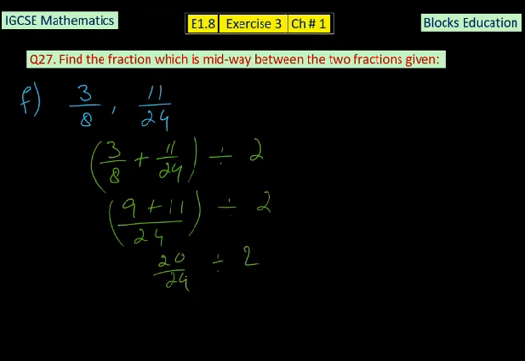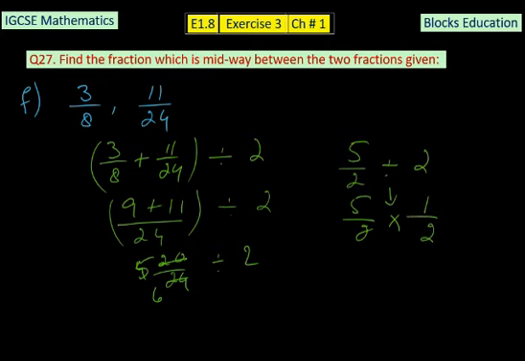Just cancel it out. It's going in the table of 4. 4 5s are 20 and 4 6s are 24, so it is 5 over 6 divided by 2. You know that you can change it to multiply. In that way it will invert, so it will be 1 over 2.